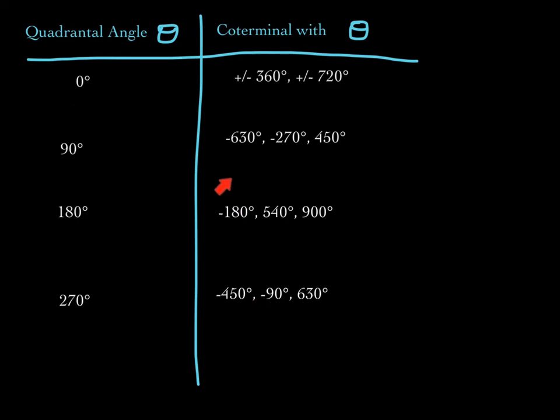These are examples of 3 coterminal angles with 90 degrees. These are coterminal angles with 180 degrees, and coterminal angles with 270 degrees. Now remember that there are infinitely many coterminal angles, right? So this table just shows a few of them.